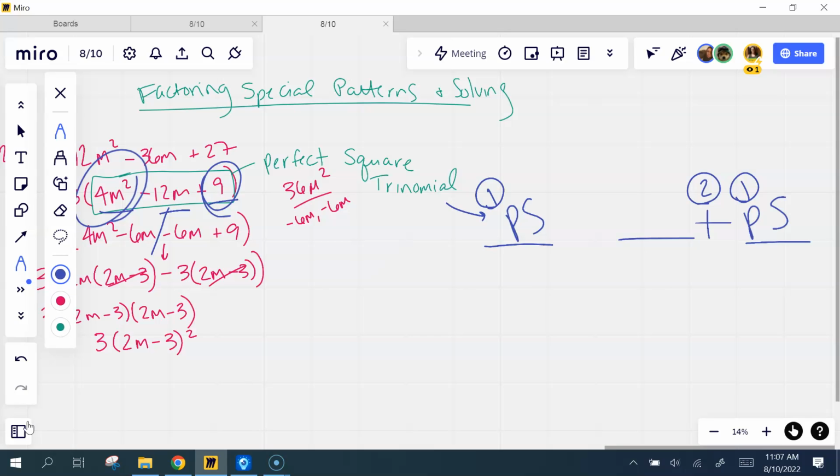Okay. The middle term. Here's where it confuses everybody. This middle term must square dance. Now, what do I mean by that? I'm definitely not getting up here and do-si-doing. But here's what it means.